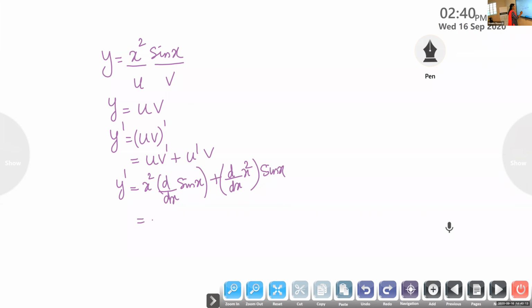So that is x square into cos x plus the derivative of x square, which is 2x, into sin x. 2x into sin x. Is it okay, children? Is it clear?